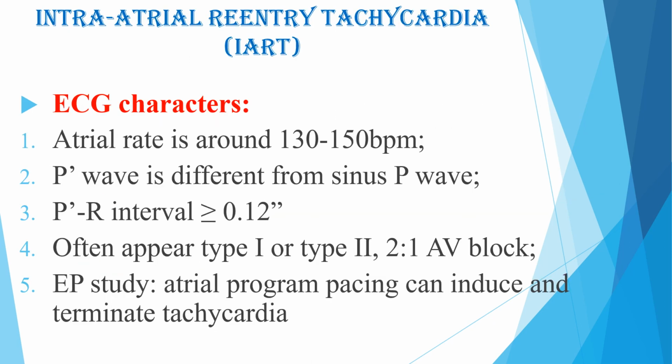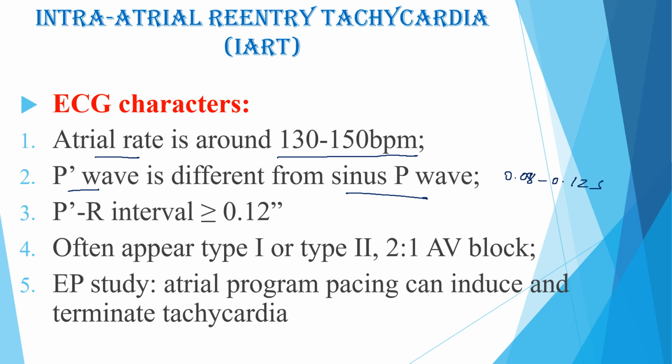Next is the intra-atrial reentrant tachycardia. The ECG characteristics are that the atrial rate is around 130 to 150 beats per minute. The P wave is different from the sinus P wave, which has a normal duration of 0.08 to 0.12 second.